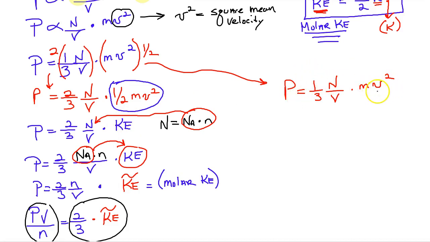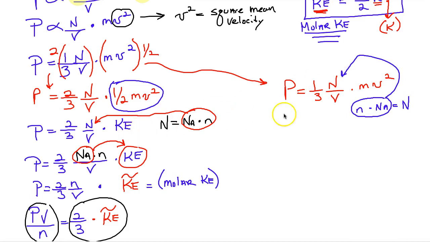Now we're going to solve for the velocity, and that's an important part of this as well. So now I have this equation. Don't forget that n, which is moles, times Avogadro's number is equal to the total number of particles. So again, I'm going to substitute this value in this position.